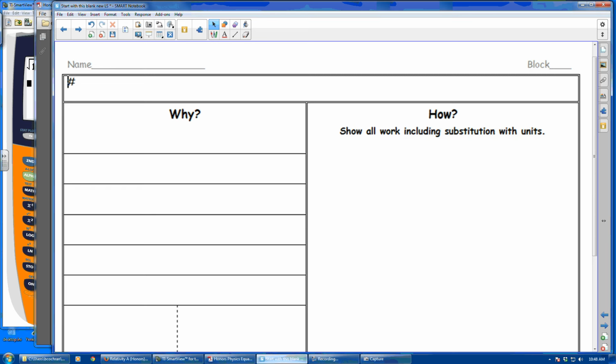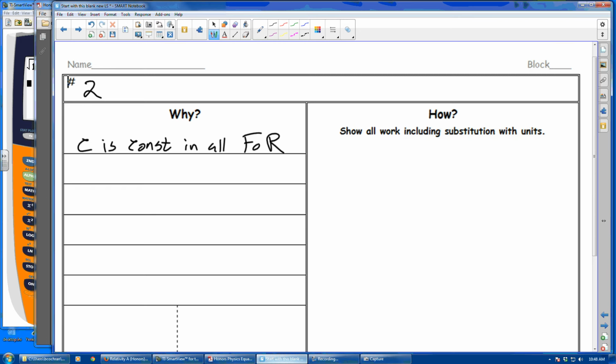So this is number 2. Really important factors to get into your y here. First one is that the speed of light is constant in all frames of reference. That's kind of a given, but it might be good, especially if it's the first couple problems, to state that, to make sure that your reader knows that you know that. All right?